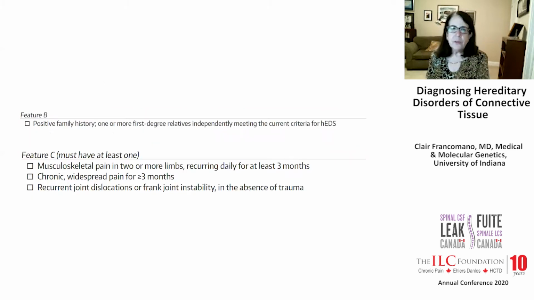Feature B is a positive family history with 1 or more first-degree relatives independently meeting the current criteria for hypermobile EDS.